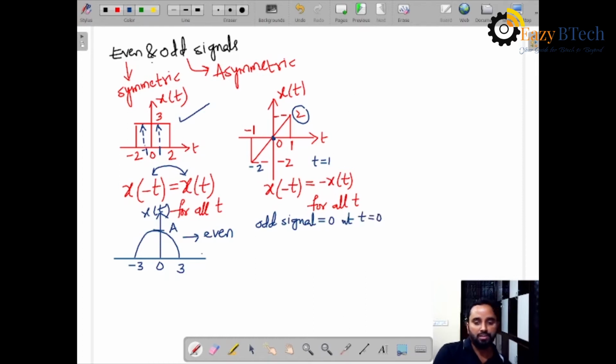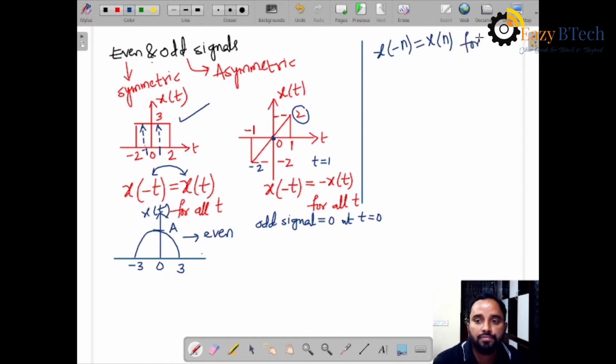In a similar way, for discrete time signals, what is the definition of even signal and odd signal? An even signal is x of minus n equal to x of n for all n. This is an even signal.